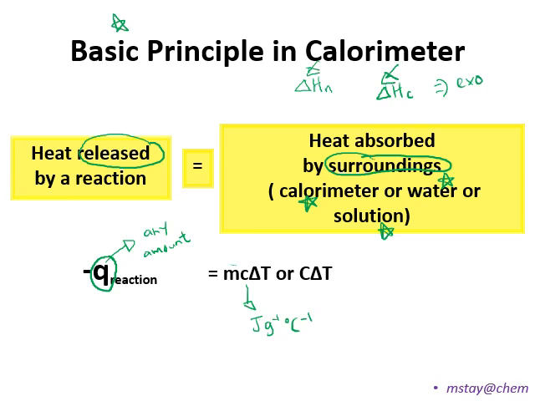Then m refers to the mass, so the unit is gram, and delta T is the change of temperature in degree Celsius. From here we know that gram and per gram can be cancelled out, and degree Celsius and per degree Celsius can be cancelled out. That's why only the unit of joule is left, which is the heat energy.